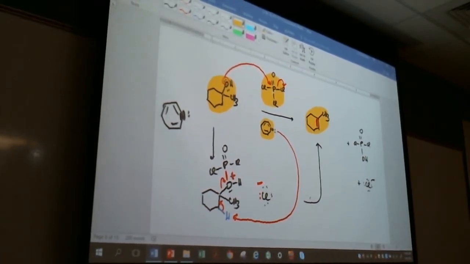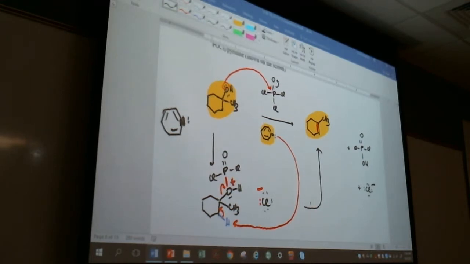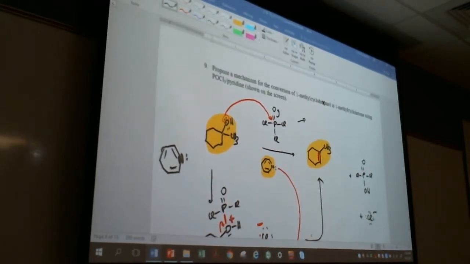Yeah. The double bond on the P=O, well, it doesn't affect the reaction whatsoever. So we can be a little bit more detailed and say, okay, the oxygen takes the electrons, we go to this sort of intermediate, and then the electrons kick back in and kick out the chlorine.